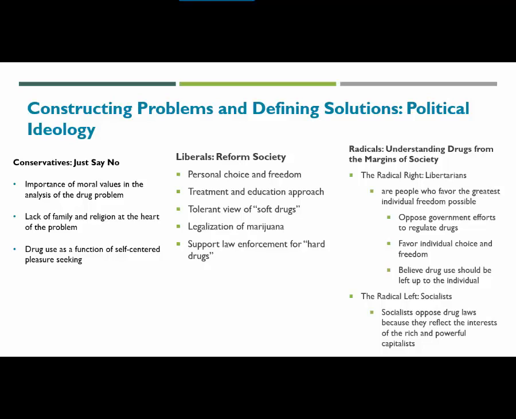Socialists also oppose drug laws, but not because they necessarily oppose the government itself, but largely because they distrust the idea that the government has the best interest of all in mind. Instead, radical socialists believe that the government is largely supporting the interest of rich and powerful capitalists.